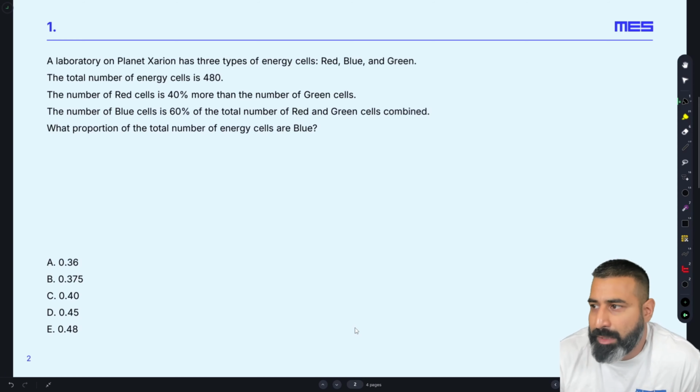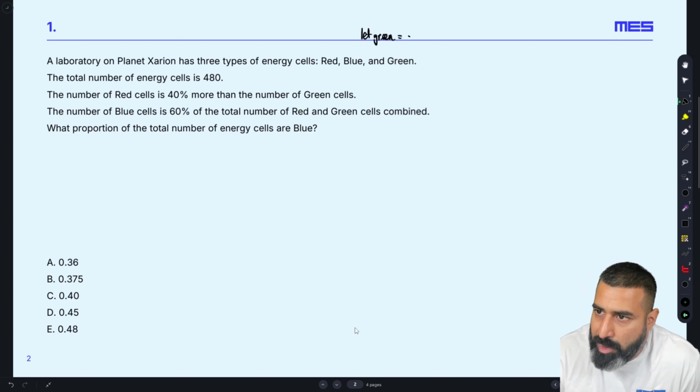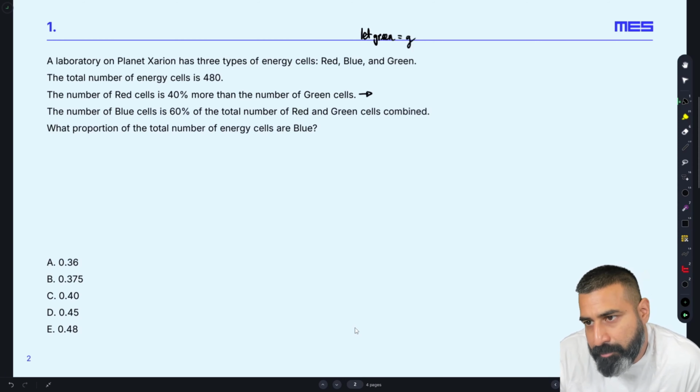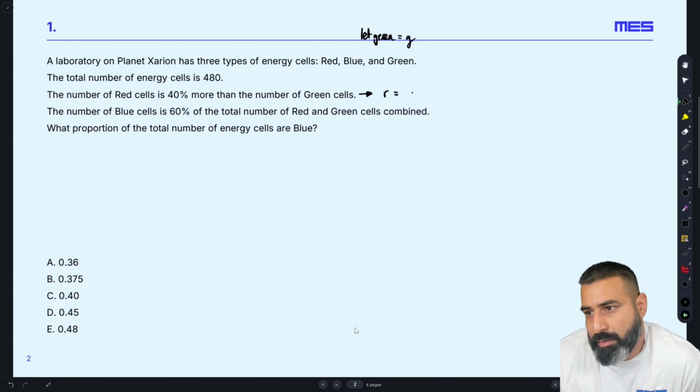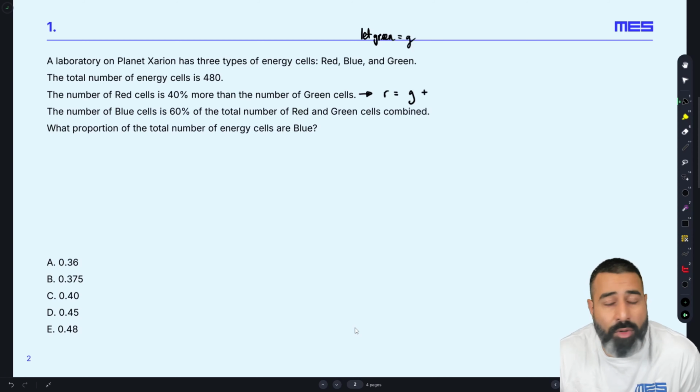Okay, so let green equal G. And what we're going to do is just decode this statement here. So the number of red cells is 40% more than the number of green cells. So there's green cells and we need 40% more.